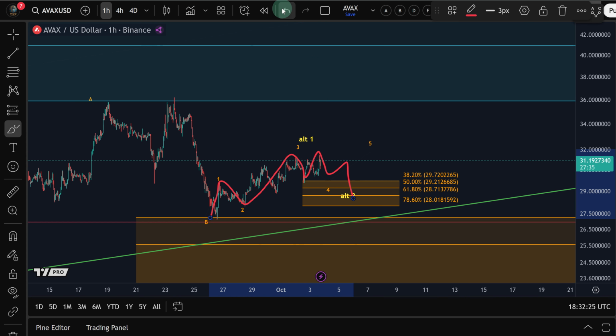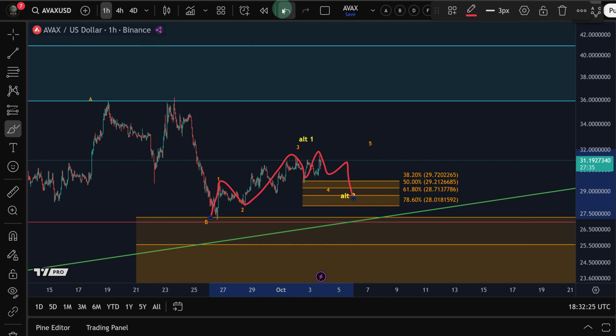Why do I not like to call that 5 waves up? Because it just doesn't align with Fibonacci proportions. The other count would be wave 3, 4, and then 5 here, and that gives me 5 waves. You will find people out there who can label that 5 waves, 1, 2, 3, 4, 5, but the proportions aren't great.